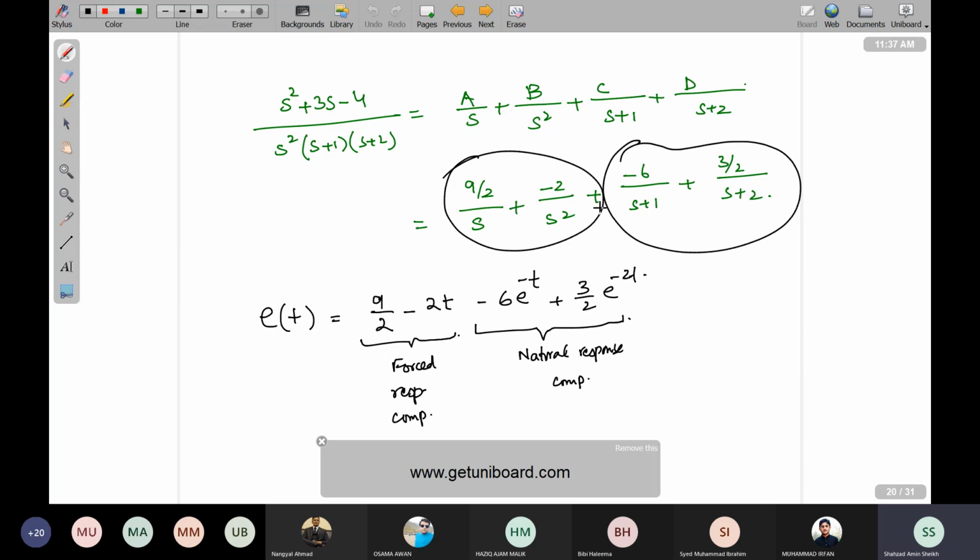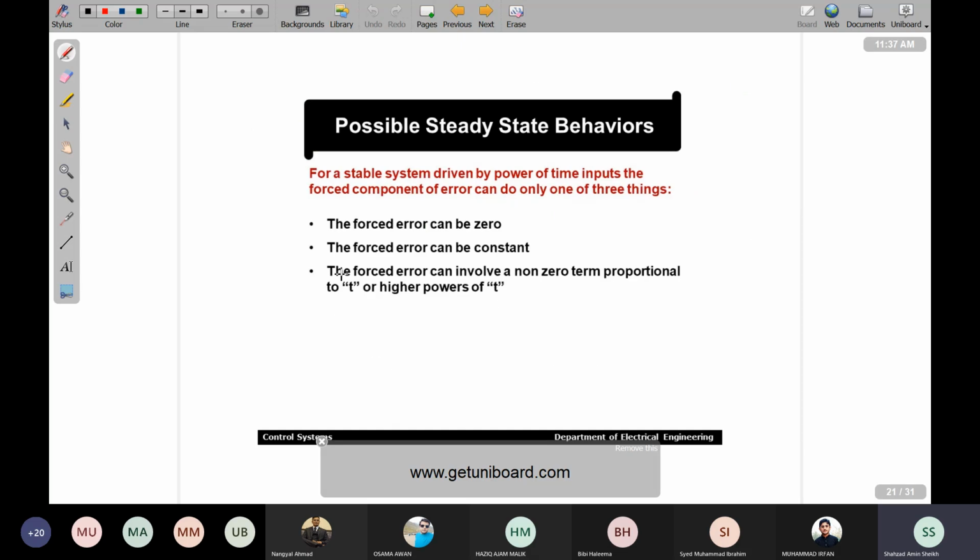I'm talking about this term. जब भी हम कभी अपने सिस्टम को देखेंगे जो कि स्टेबल होगा एंड विच इज ड्रिवन बाय पावर ऑफ टाइम इनपुट्स, यानी सपोज उसकी इनपुट स्टेप इनपुट भी हो सकती है, उसकी इनपुट रैंप इनपुट भी हो सकती है, वी कैन हैव पैराबोलिक इनपुट भी हो सकती है, एंड सो ऑन. बट वन थिंग इज इम्पॉर्टेंट दैट वी विल बी हैविंग द फोर्स रिस्पॉन्स टर्म जो है उसके अंदर दैट वुड बी हैविंग थ्री ऑप्शंस, या तीन तरीकों से वो बिहेव कर सकती है.